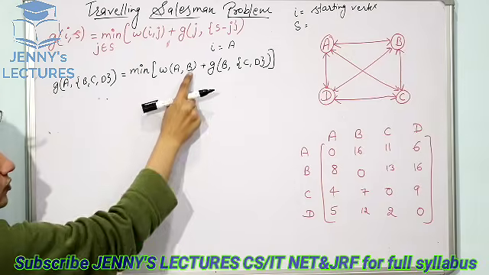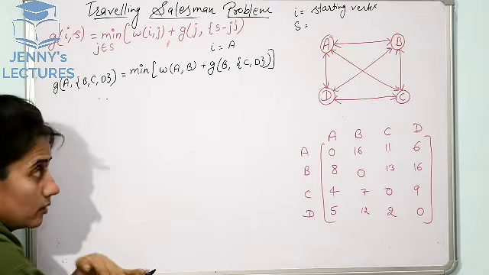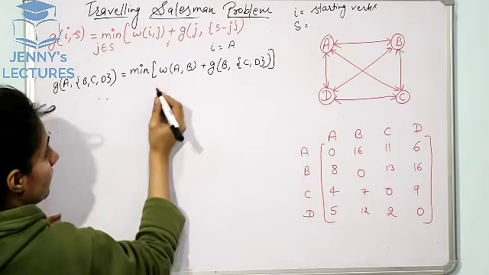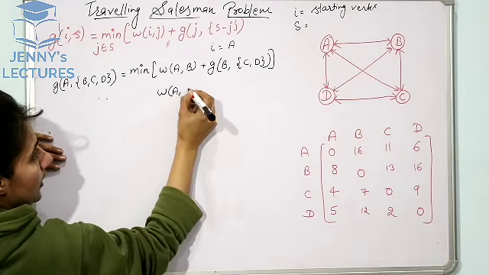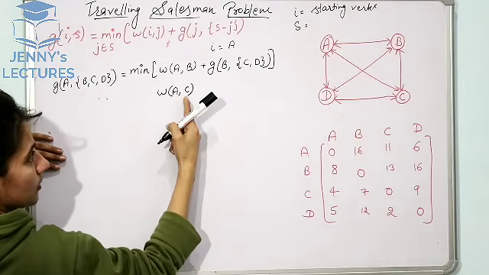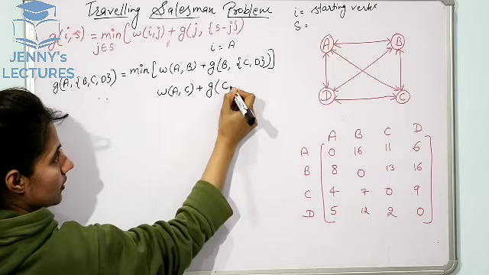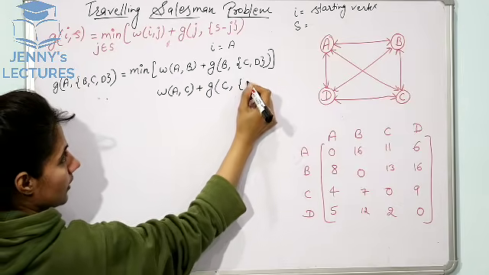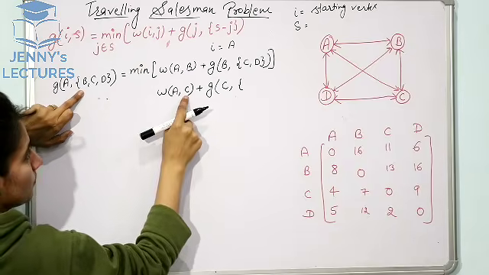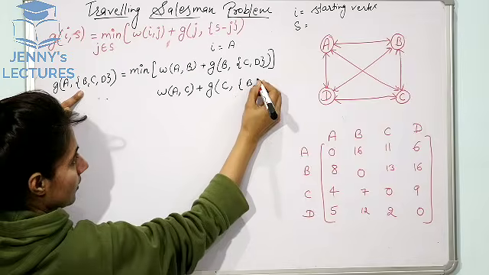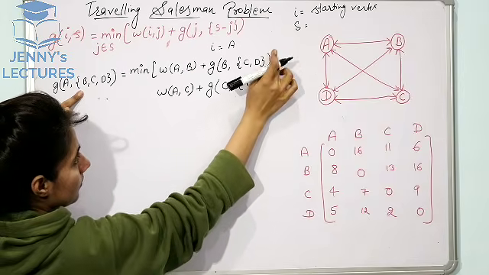This one here, J is B. Now we have three options. Now we are taking C. We are selecting C plus cost of C here, and here we will write S minus J. J is here C. Then you will write B and D. Okay.